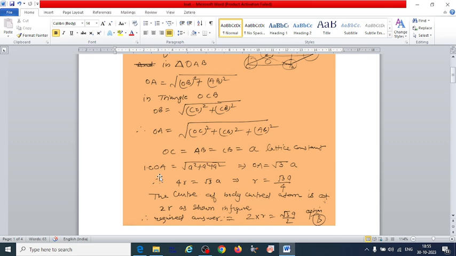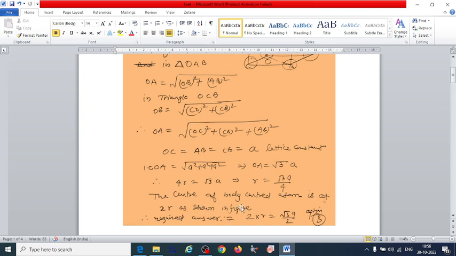Then if we take the triangle AOC, we have the root of A square, and adding, we get root 3A. So OA, that is 4R, is equal to root 3 into A. Then the radius of the BCC structure will be root 3A divided by 4.